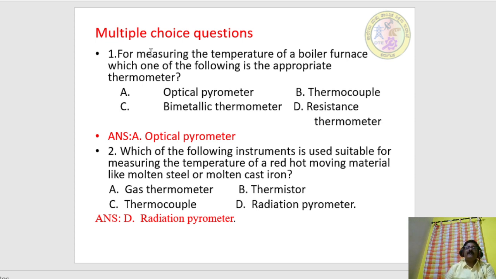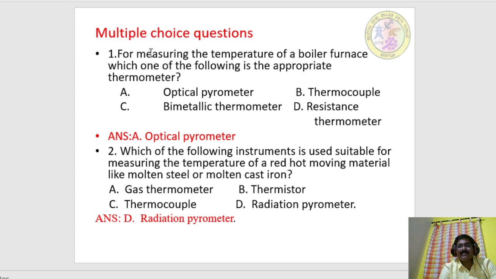Now we'll discuss certain multiple choice questions. First one: for measuring the temperature of a boiler furnace, which one of the following is the appropriate thermometer? A. Optical pyrometers. B is thermocouple. C is bimetallic thermometer.